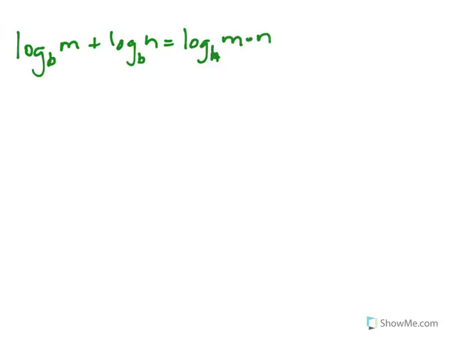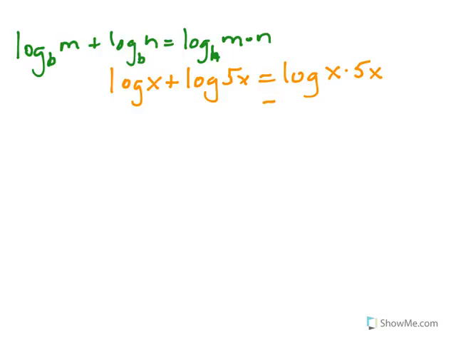Now I know to some of you that looks like math gibberish. So here's a more concrete example of how we might use this. If we have log of x plus log of 5x, we can rewrite that as log of x times 5x, which equals log of 5x squared.